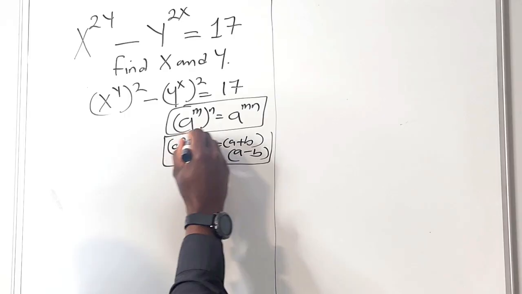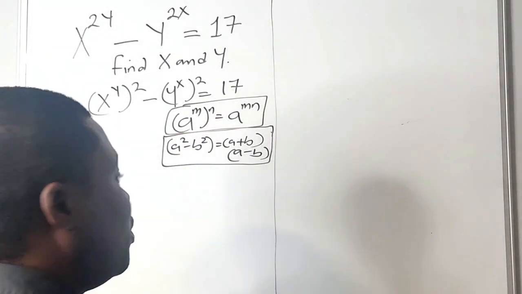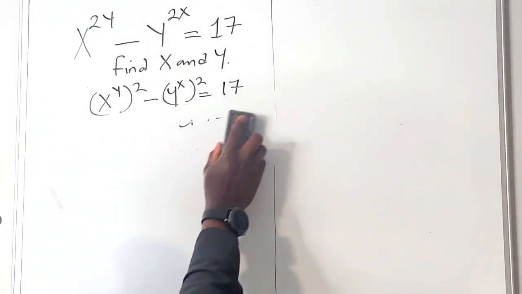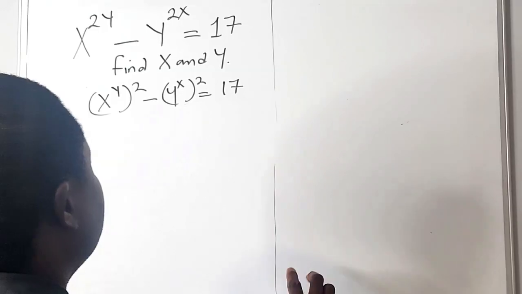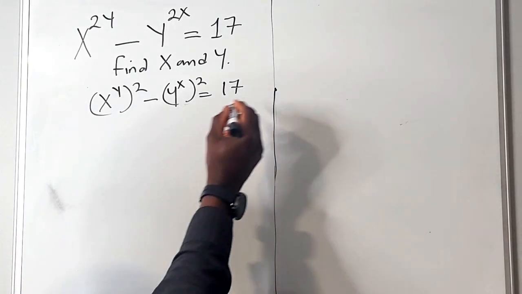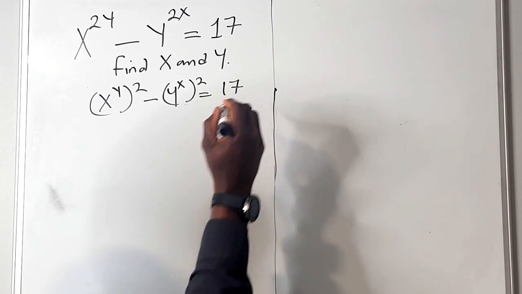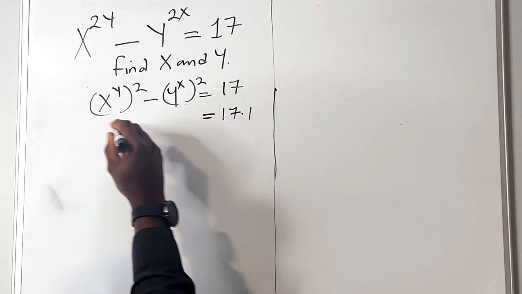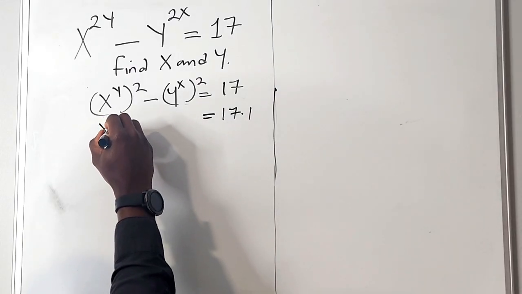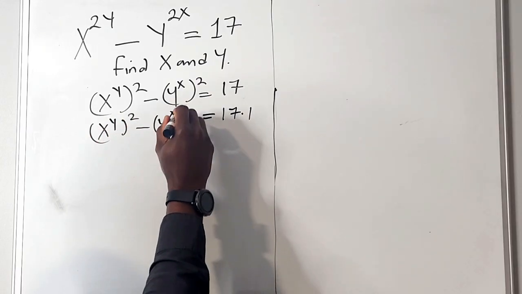Okay. Now, so we just wipe this off. Okay. Now, we have 17 is the same thing as 17 times 1. And here we have x raised to the power y, squared, minus y raised to the power x, squared.